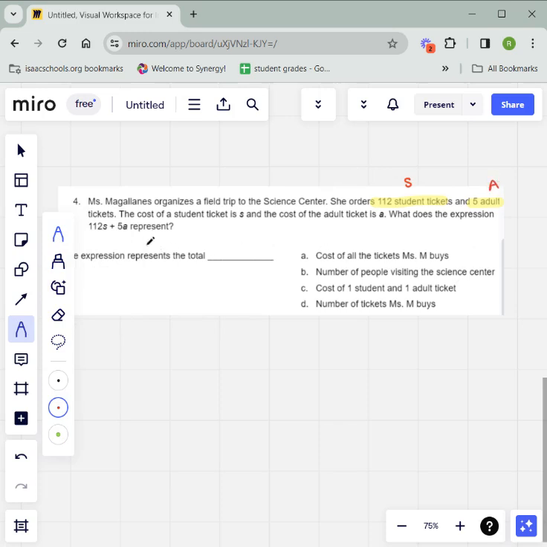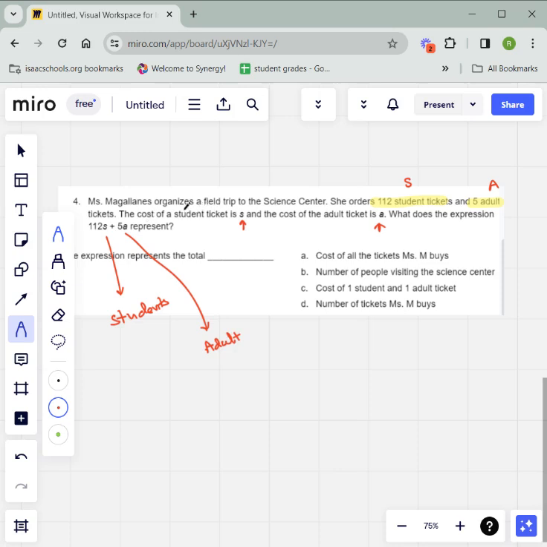Okay, remember that. And then the cost of a student ticket is S, and then the cost of the adult is A. So just like we use the letters up here, student is S and then A is the adult. What does the expression mean? Like we know that S means students, and then A means the adult.